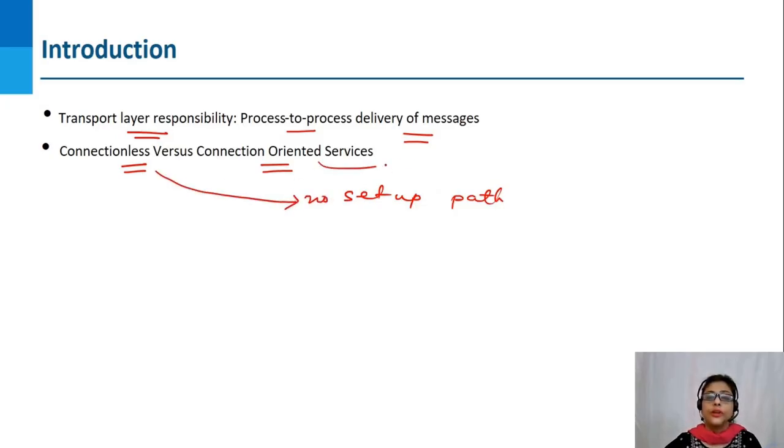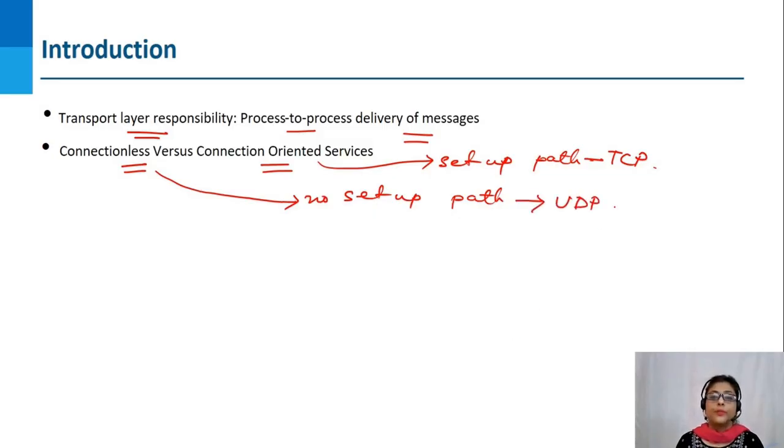And for connection-oriented services, we need a setup path. For connection-oriented service, we can use the protocol TCP or Transmission Control Protocol. And for connectionless service, we need a protocol which is UDP or User Datagram Protocol.